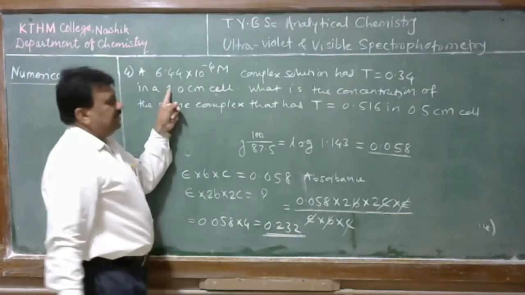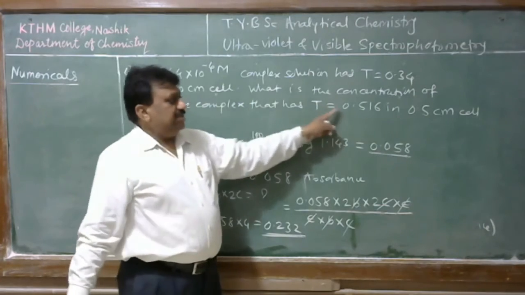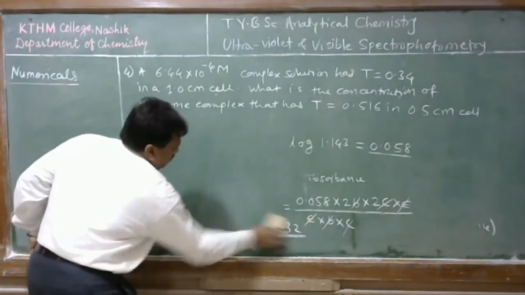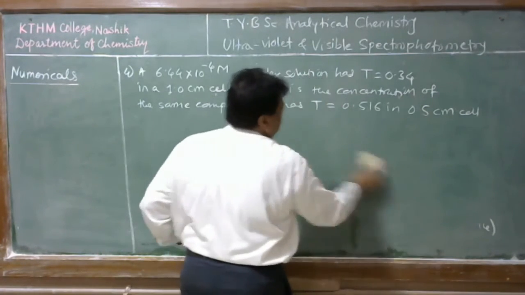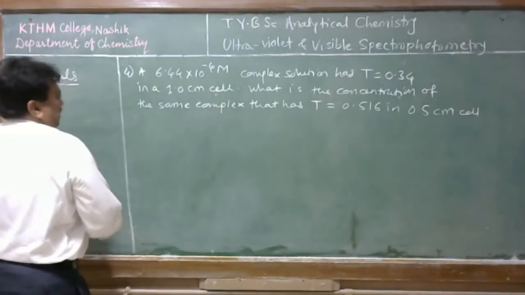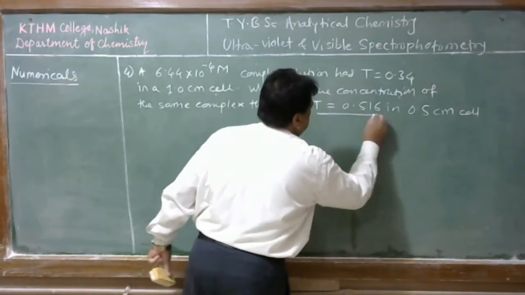Now here path length reduces to half, and here transmittance increases. Therefore, we have to find out the concentration of complex, which transmits 0.516% of light.